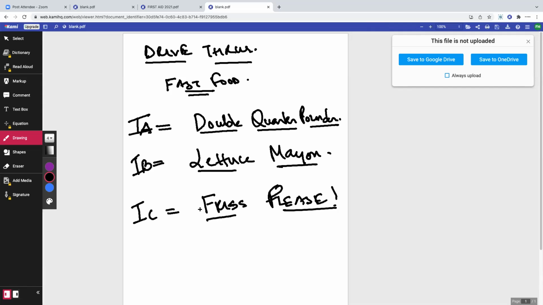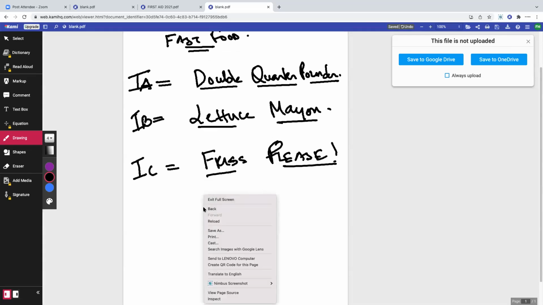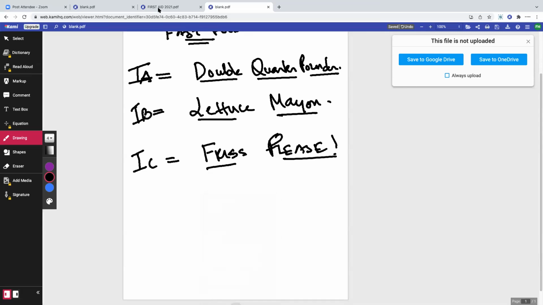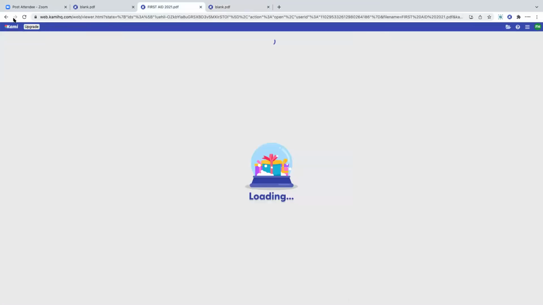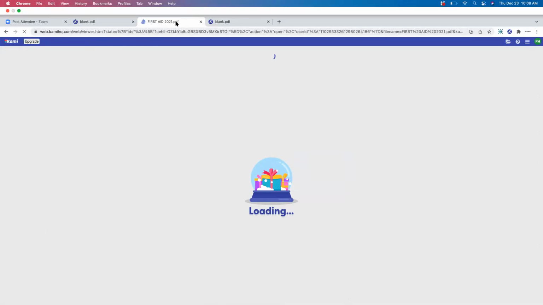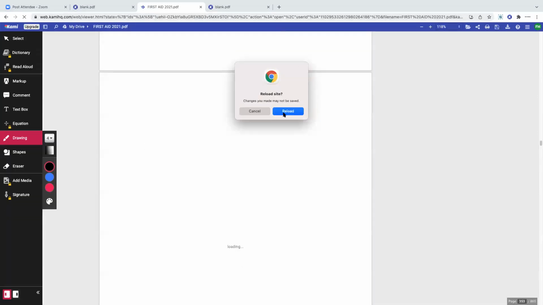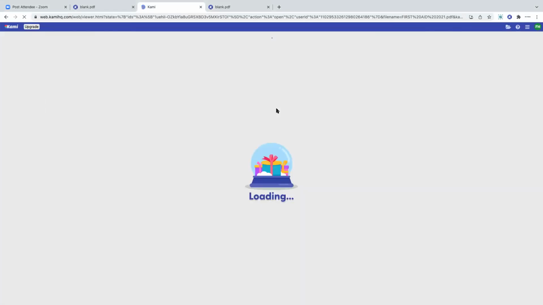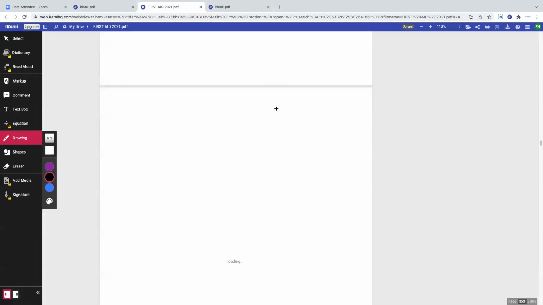Fries. Okay. So what do I order? Can anyone tell me what I usually like to order, number one, when I go through a drive-through? Fast answers, please.